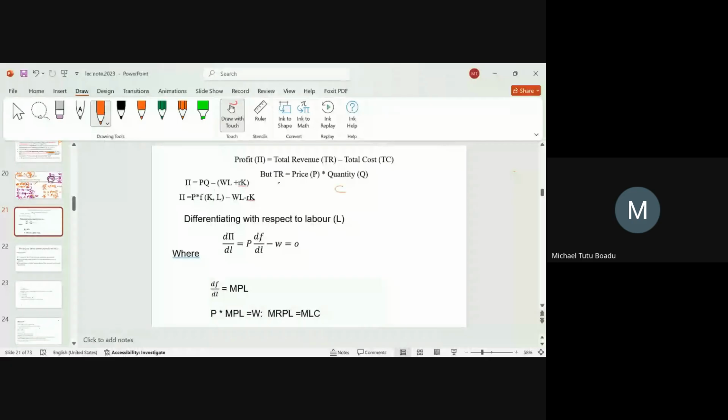So your C is WL plus RK, where this is the total cost of labor and this is the total cost of capital. That is what is in the bracket. So if you expand the bracket, negative will affect both. So you have this. The Q is your production function. Q is a function of K and L. So instead of the Q, it is replaced with a function of K and L.